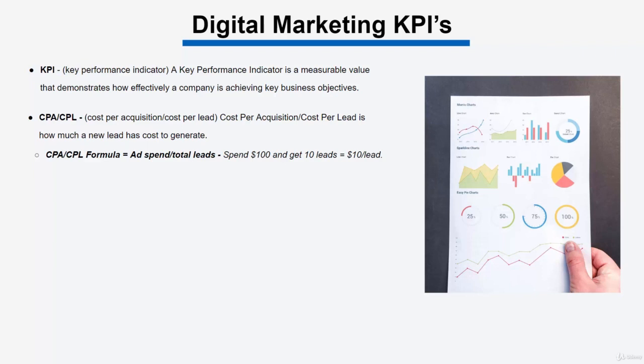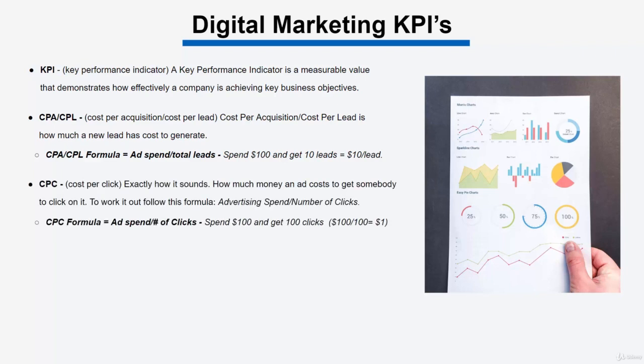And then the formula for this is ad spend divided by total leads. So here's an example. If we spend $100 and we get 10 leads, that equals $10 per lead. So $10 per lead is going to be our cost per acquisition, cost per lead, right? $10. So for every lead that we get in, we know that it's costing us $10 because we spent 100 and we got 10 leads.